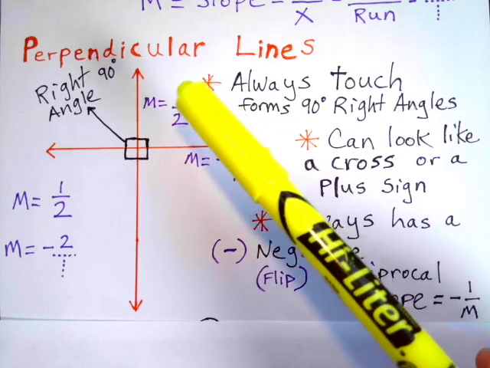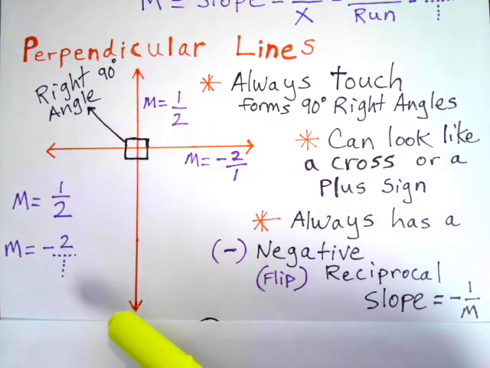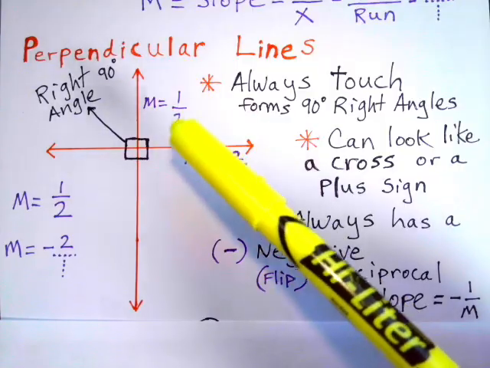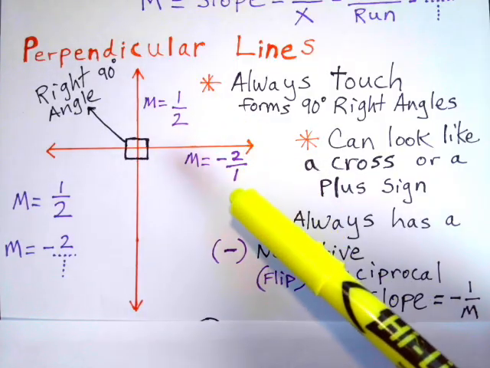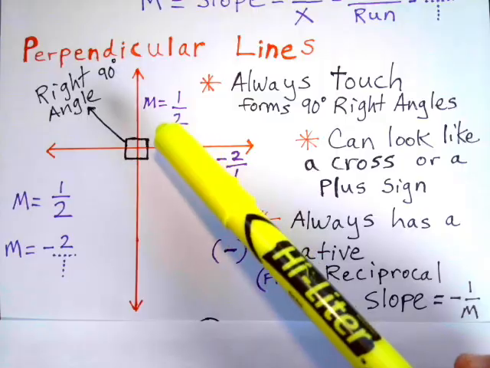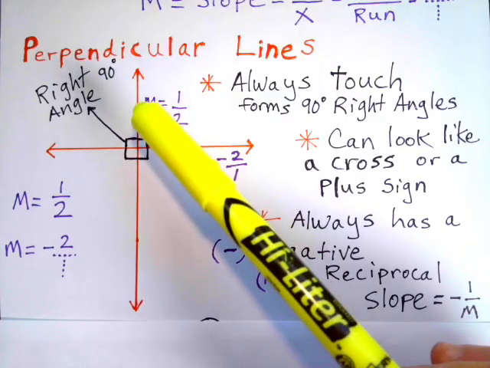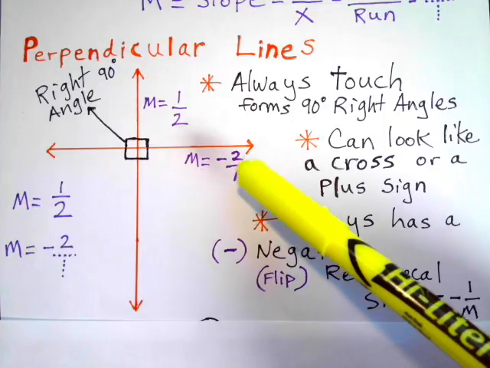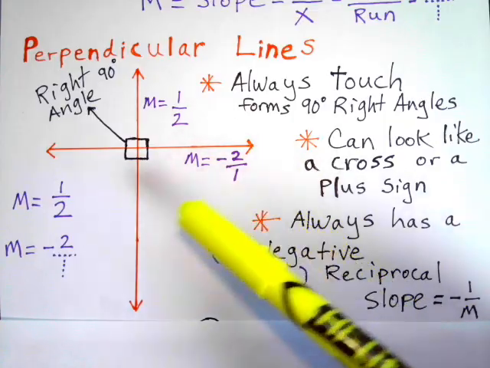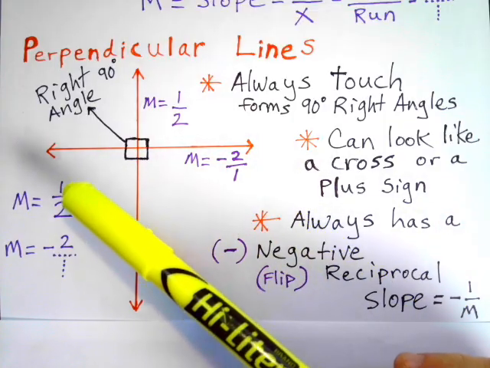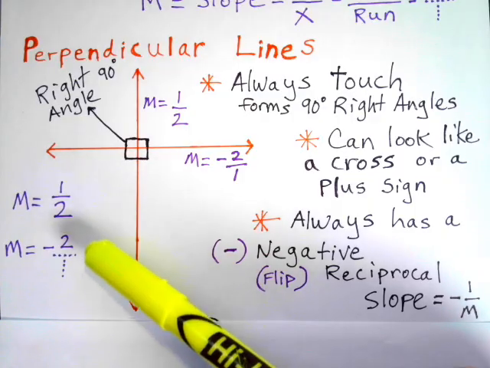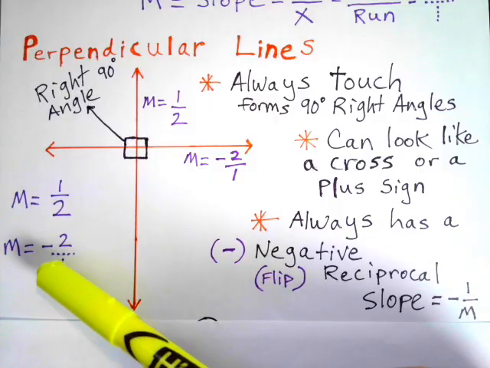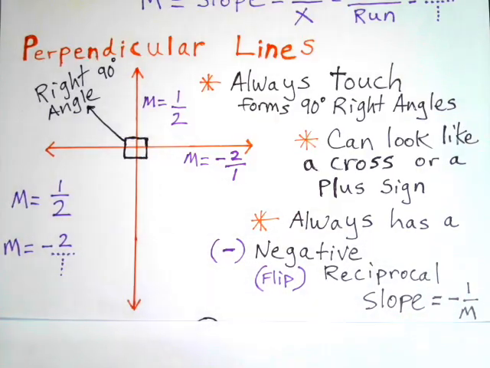So as an example, the slope of this line here is 1 over 2. If you flipped 1 over 2, you would get 2 over 1. If you multiply 1 over 2 by a negative 1, and flip it, you get the negative reciprocal, negative 2, or negative 2 over 1.